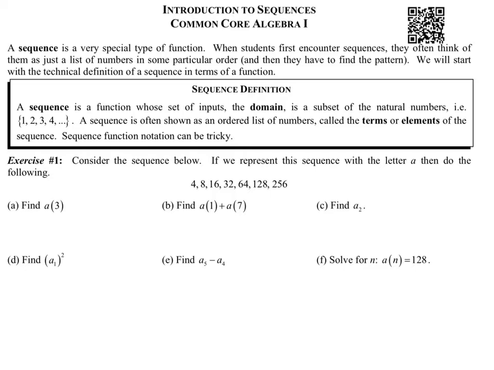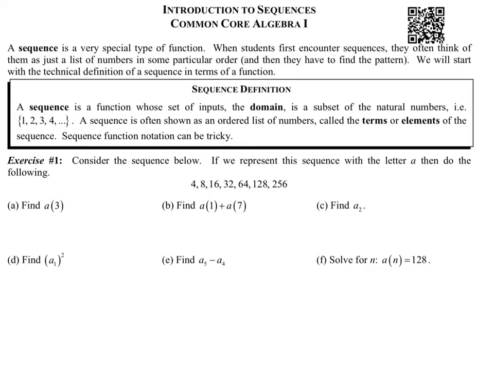Consider the sequence below. If we represent this sequence with the letter A, then do the following. So we need to figure out what's happening each time. So 4, 8, 16, 32, 64, 128, 256. So, what could be happening?